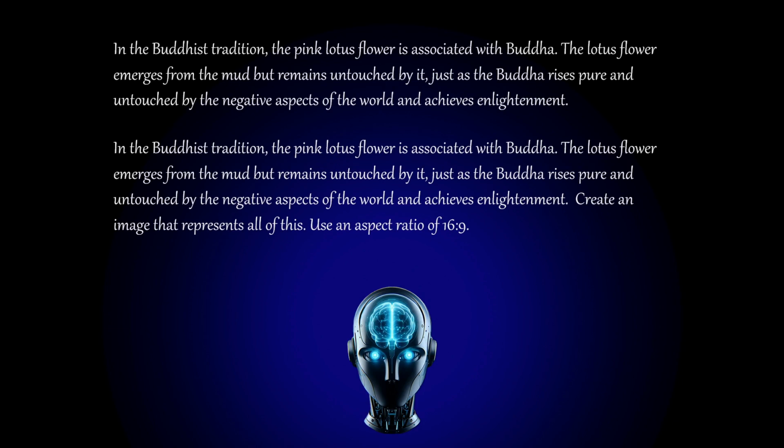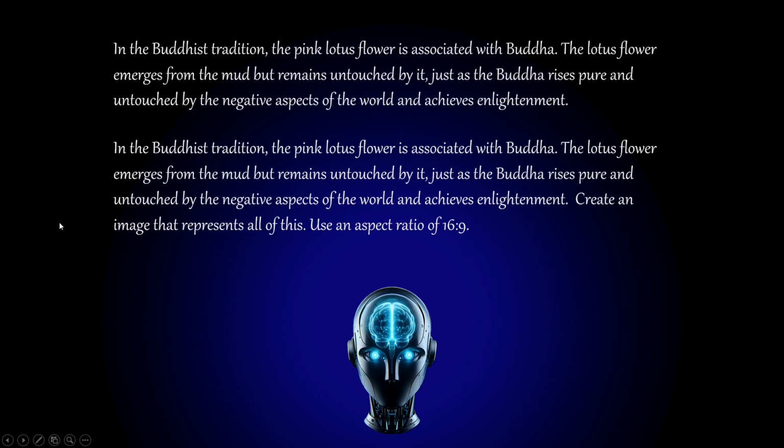Then again, guys, in Buddhist tradition, the pink lotus flower is associated with Buddha. The lotus flower emerges from the mud but remains untouched by it, just like the Buddha rises pure and untouched by the negative aspects of the world and achieves enlightenment. So I thought Dall could give us another image for this quote, and I asked Dall to do it.